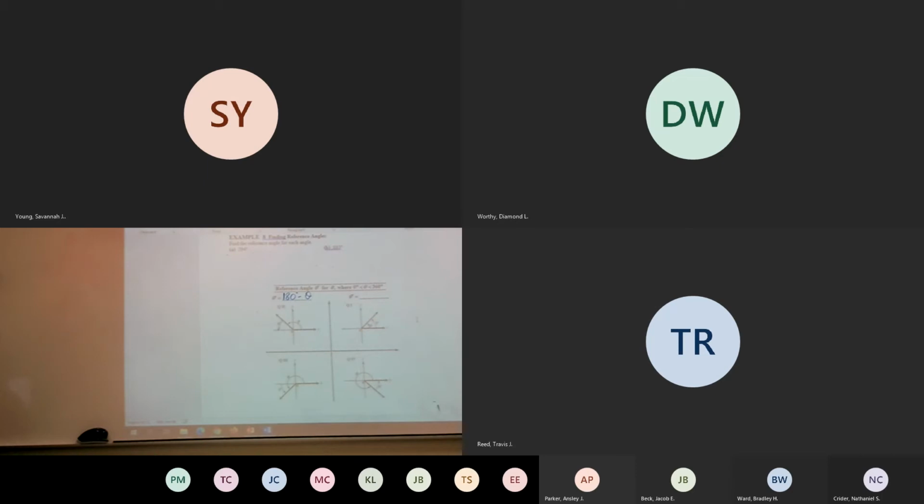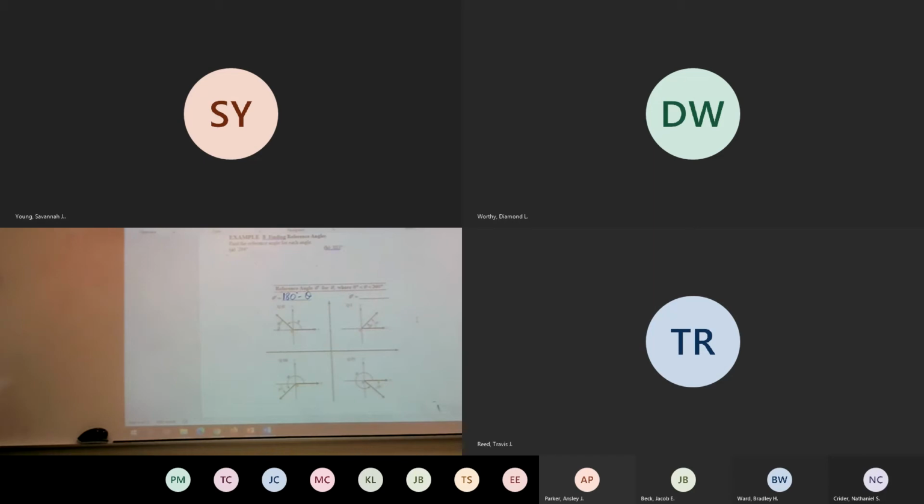It would be just 180 plus theta equals your angle. 180 minus theta is going to give you a reference angle for quadrant 2.